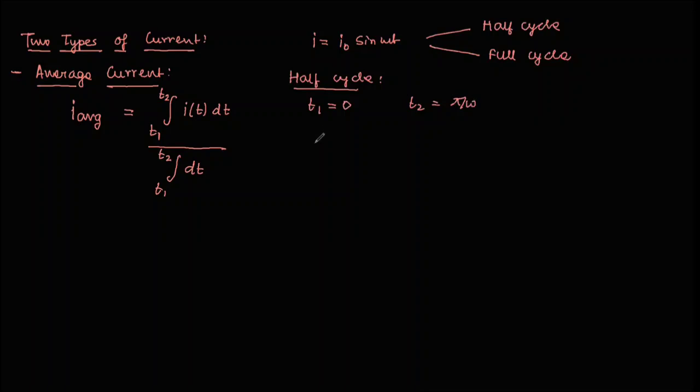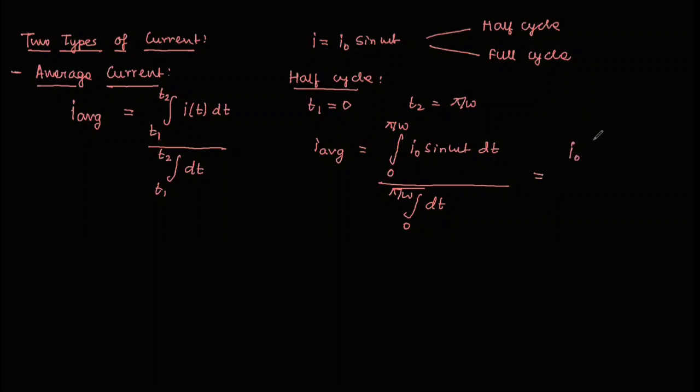So if I frame the equation, I will write it as I average is equal to integration of I naught sin omega t dt from 0 to pi by omega, upon integration of dt, again from 0 to pi by omega. If we solve this, this is a very basic integration.